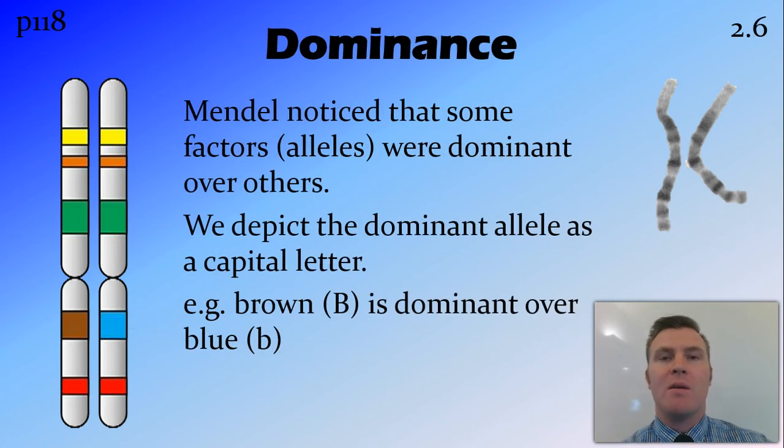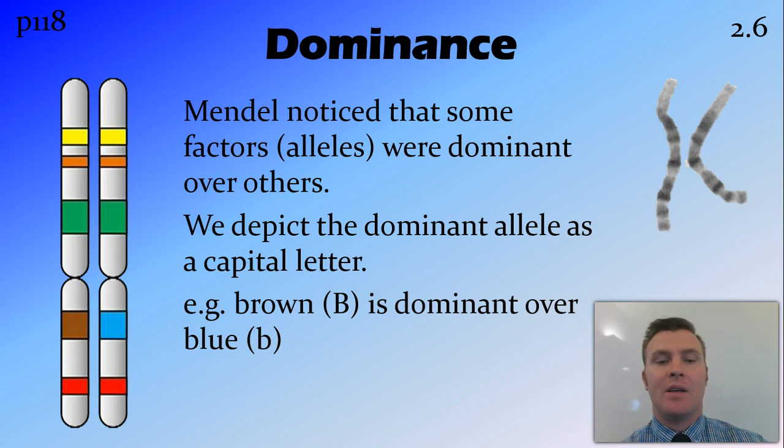And you'll remember that Mendel talked about dominance and noticed that some factors, and we call them alleles, are dominant over others. When we're writing about these alleles, we depict them as a letter, and we depict the dominant letter as the capital, and we actually take both letters from the dominant allele. So brown would be a capital B, while blue would be a small b.